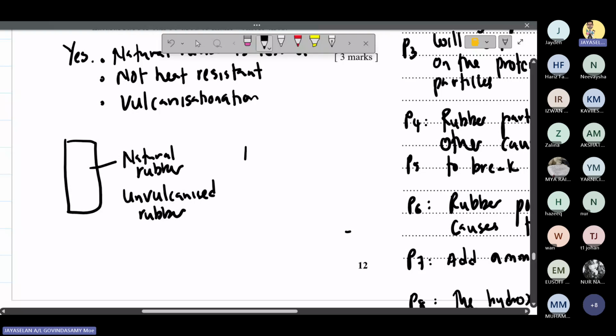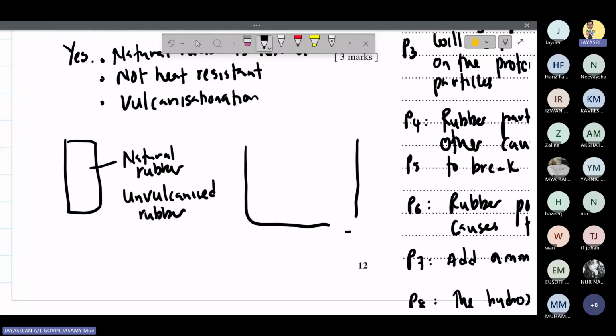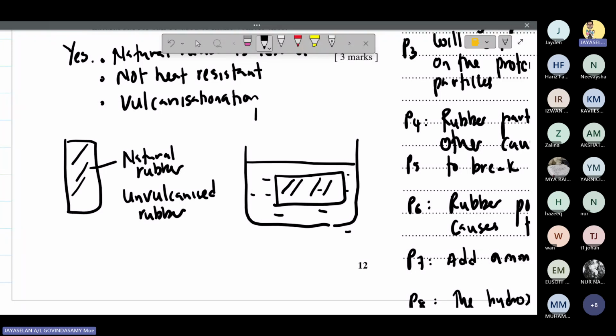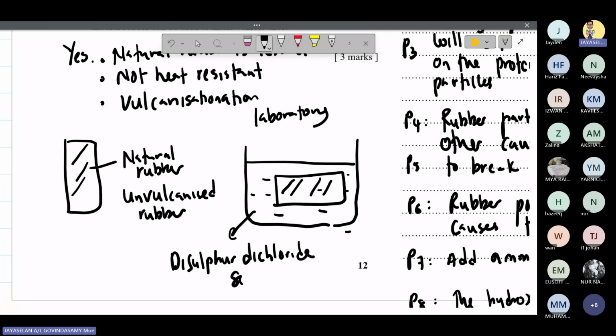Then we soak it in a solution. What is the name of the solution?